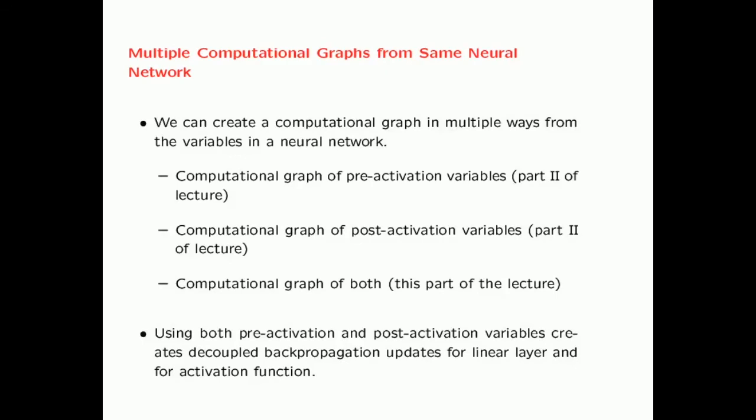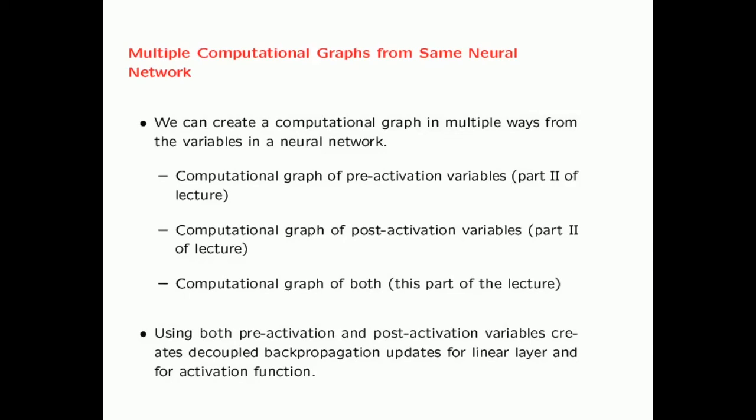In the previous part of this lecture, we saw how we can create multiple computational graphs from the same neural network. We saw how we can create a computational graph of pre-activation variables, and we derived the updates for these pre-activation variables. And we also derived the computational graph of post-activation variables together with the updates. All of these different methods are basically equivalent.